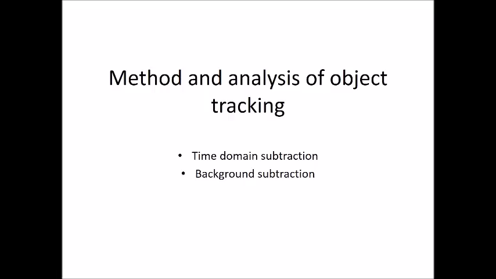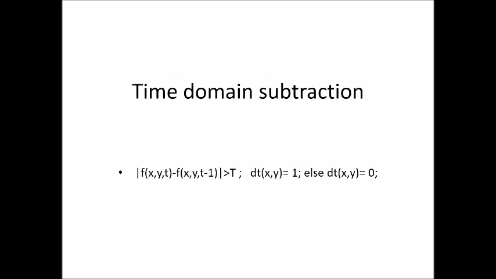Moving target detection is very important in dynamic image analysis systems and applications of computer vision, such as target tracking, target classification, pattern recognition, and so on. The background difference method and time domain difference method are introduced in this paper.